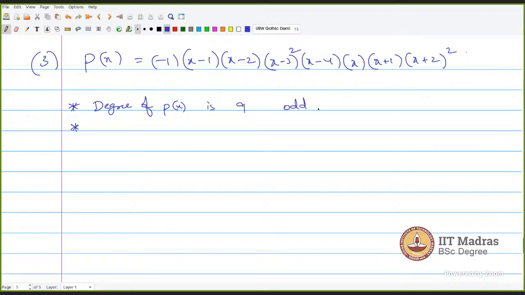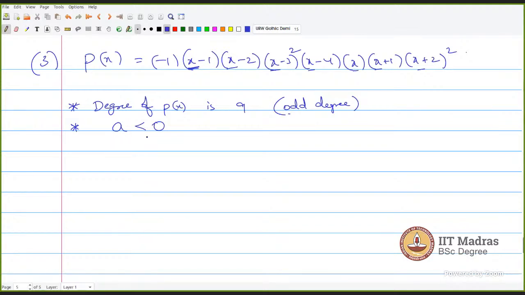And what is the leading coefficient? Negative. The highest degree term you will get by multiplying the leading terms. You will get the x to the power 9 term, which has coefficient -1. So my leading coefficient is less than 0.